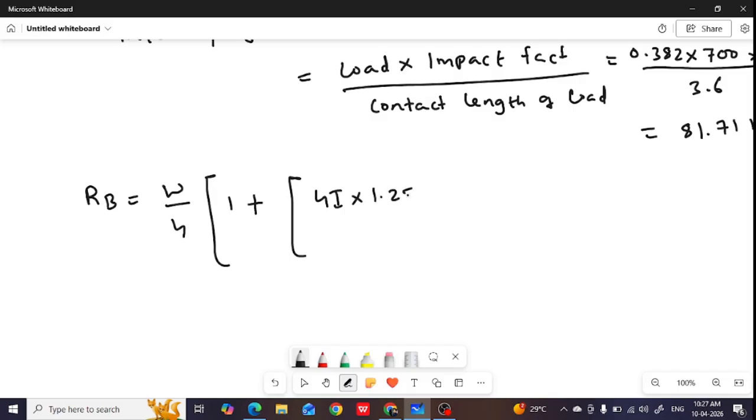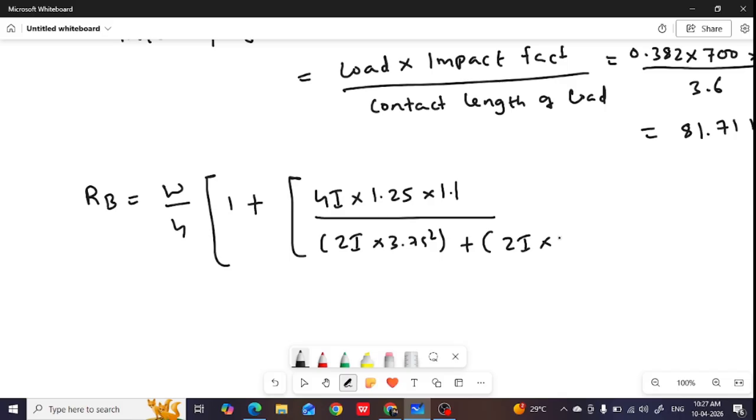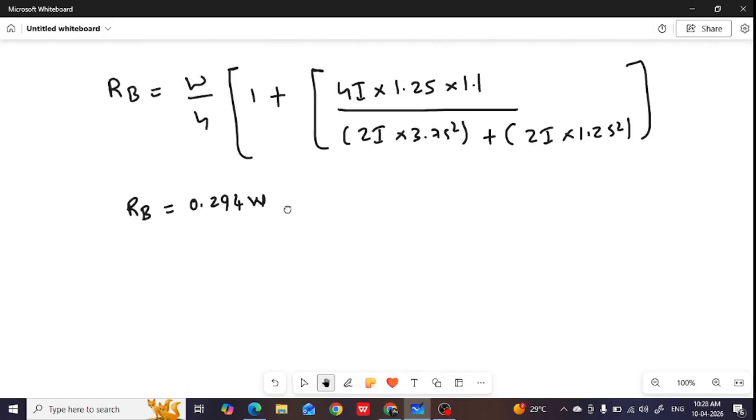It will be 1.25 because the distance of the inner girder with respect to the central axis of the bridge is 1.25, and all the other things will be the same, divided by 2I into 3.75 square plus 2I into 1.25 square. So RB equals 0.294 W.